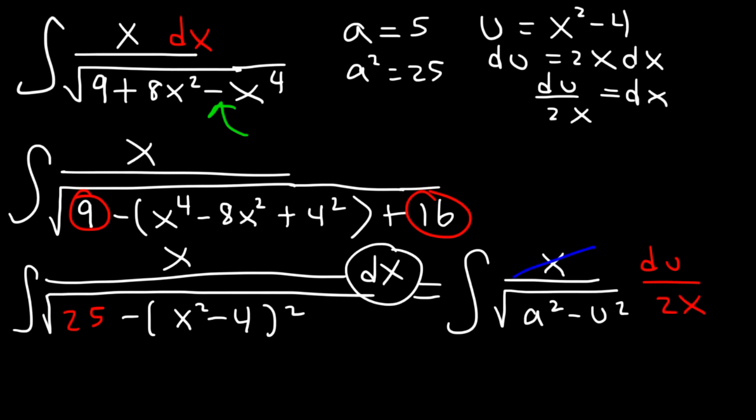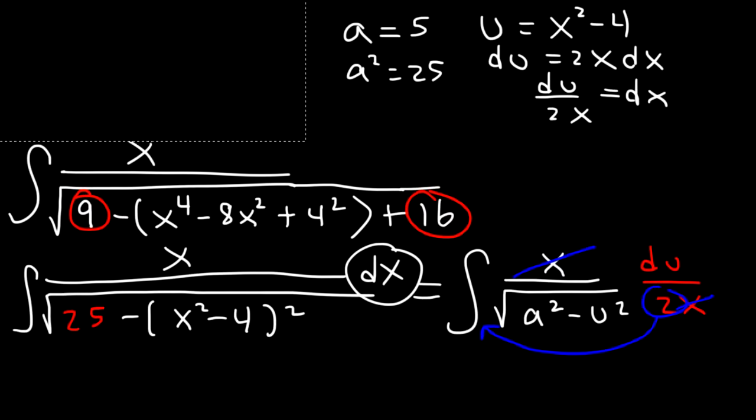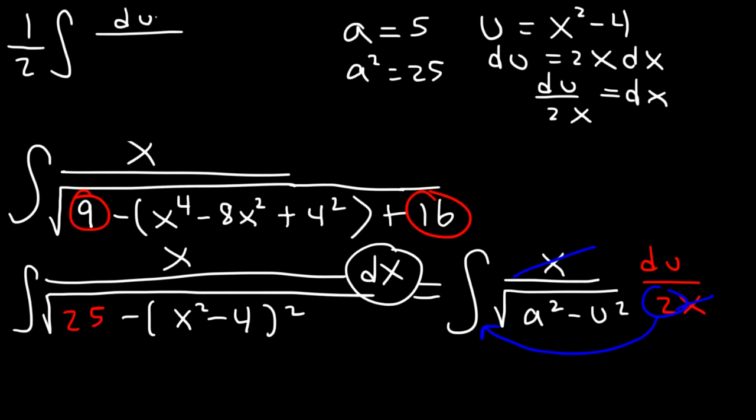So let's cancel an x, and let's take the constant and move it to the front. So what we now have is 1/2 du divided by the square root of a squared minus u squared.